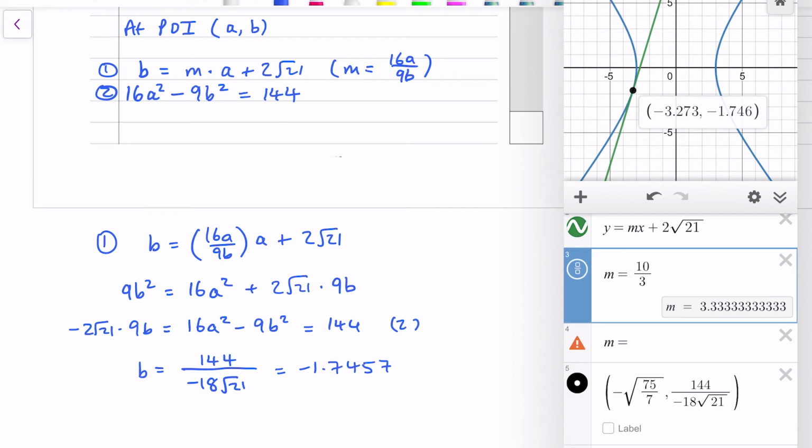And then to get the x value, we need to sub back into either equation 1 or 2. I'll go equation 2 because it's a little bit easier to rearrange. We've got 144 plus 9b squared divided by 16, square rooted. If I sub that in, square it, times by 9, add 144, divide by 16 and square root.